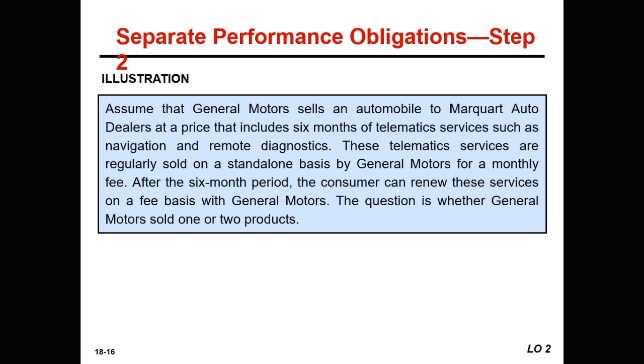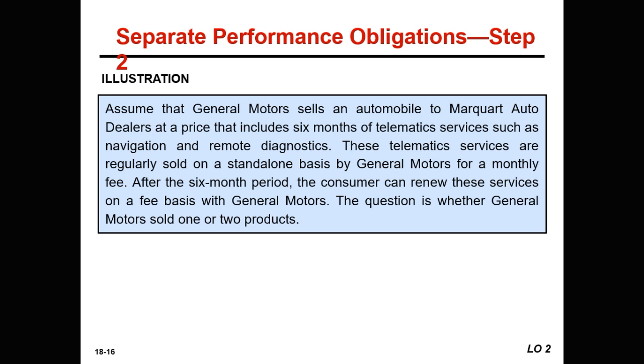So the vehicle itself is a product. It can stand alone. You can have the vehicle without the telematics services. But General Motors can also sell as a standalone basis those telematics services.